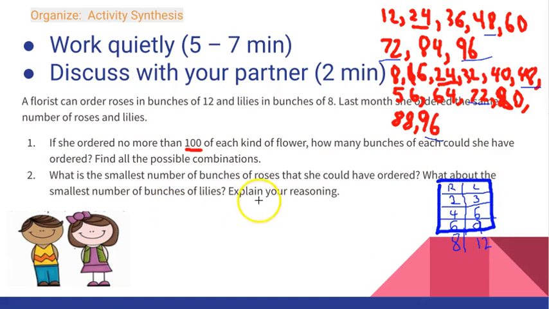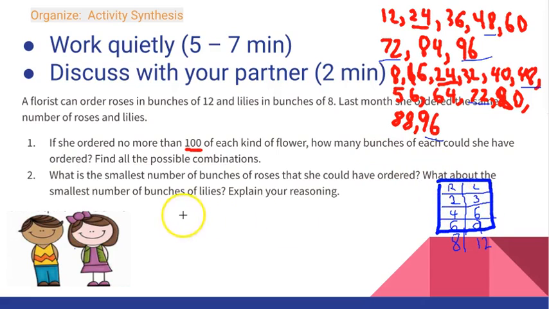So what's the smallest number of bunches that you could have possibly ordered? She's going to order them together because she needs to have an equal number.